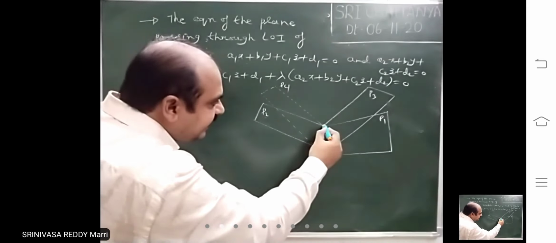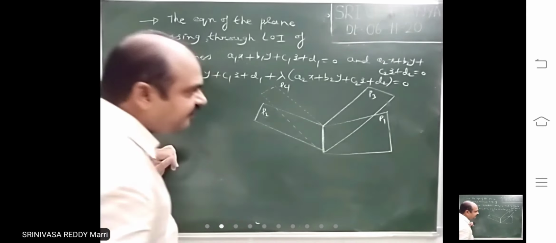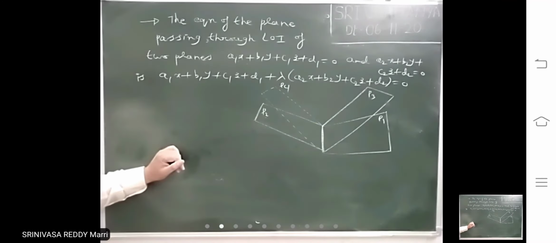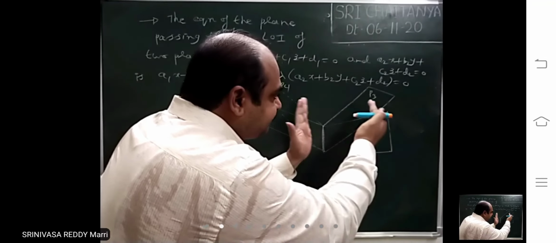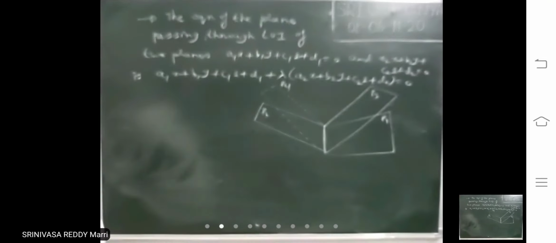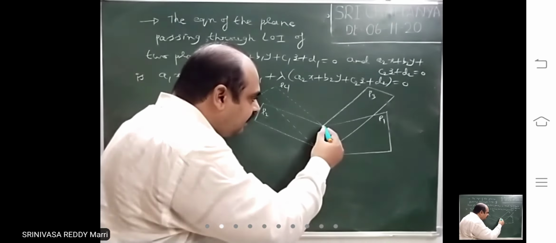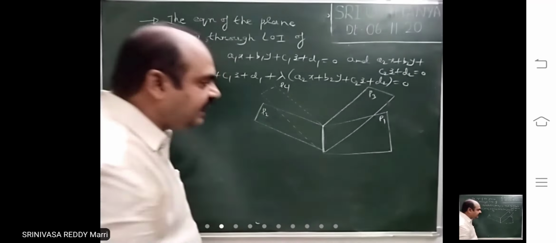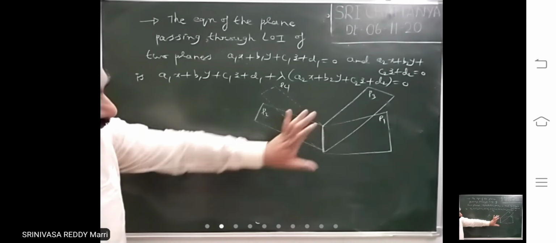There will be an infinite number of planes which pass through the line of intersection of two planes. All these are called a family of planes which are having a common line of intersection.